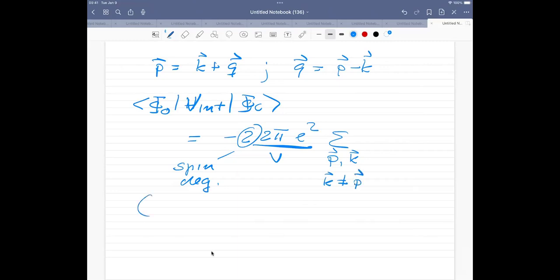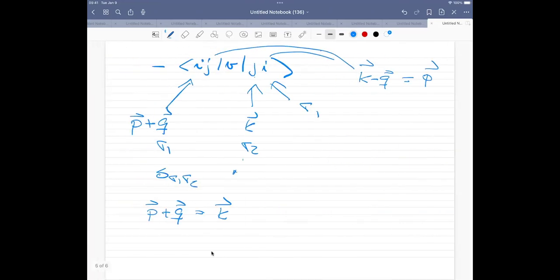And I've also taken the limit of mu goes to 0, because I don't need to deal with that one now, because K and P are different. So I get simply a term which now looks like P minus K squared.